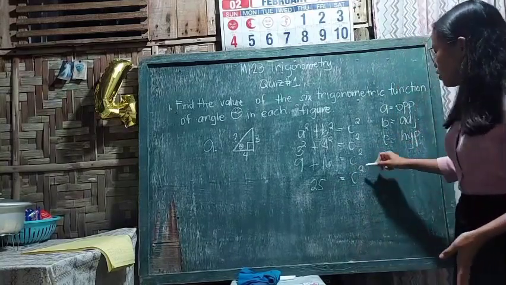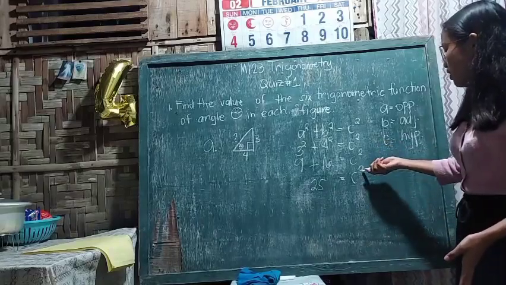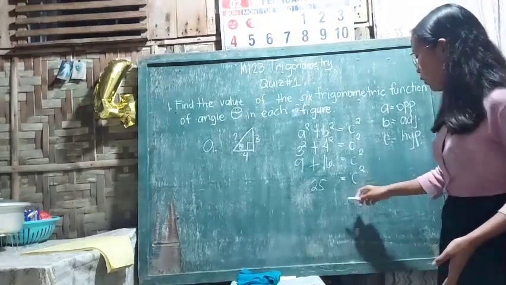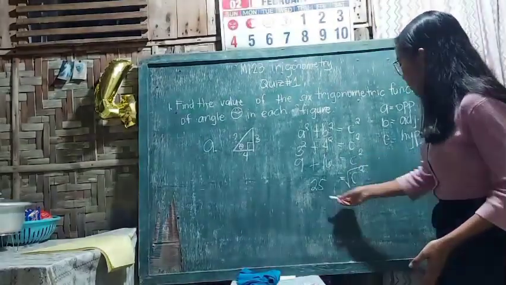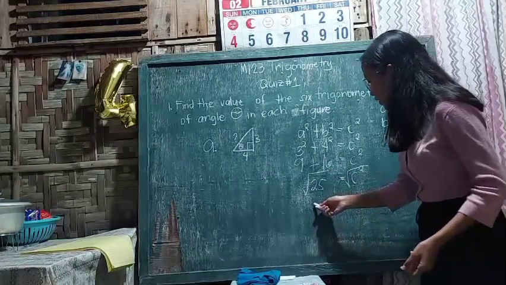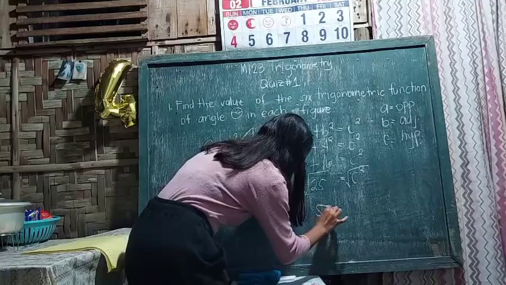And we need to cancel out the squared sign for the c. So we are going to use the square root. Square root of 25 is 5.